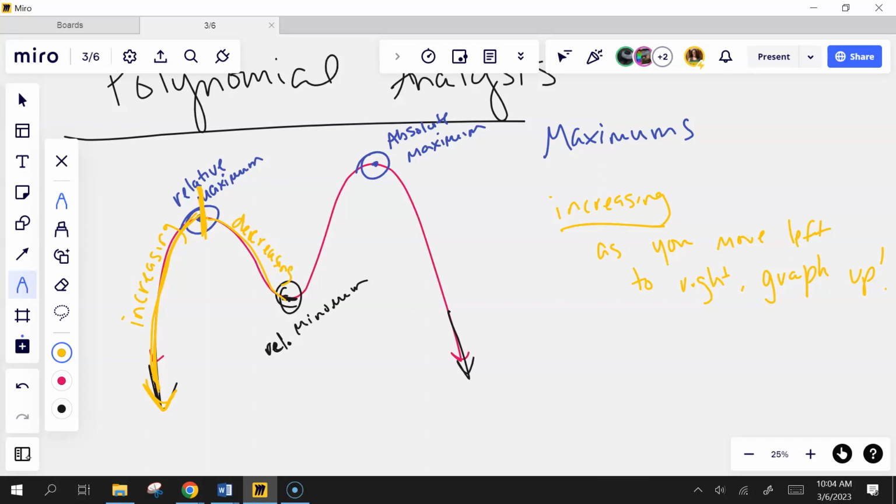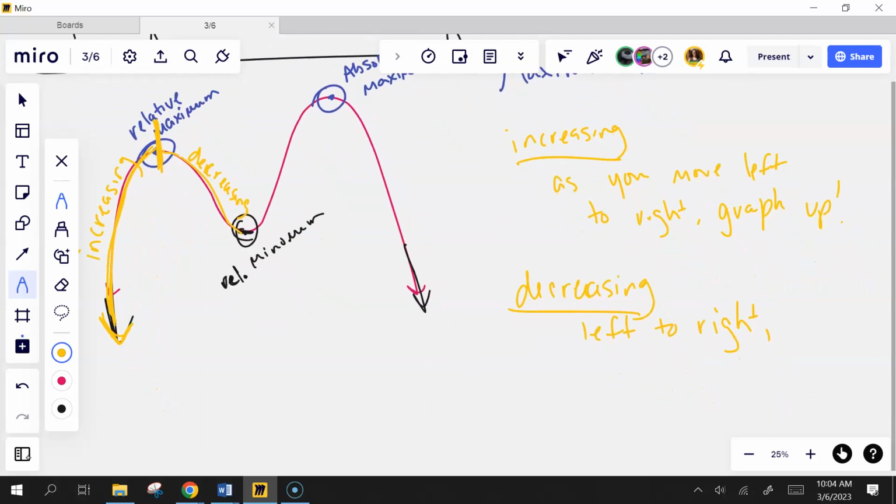Okay, so decreasing is exactly the opposite. It's as I move from left to right, the graph actually goes down.